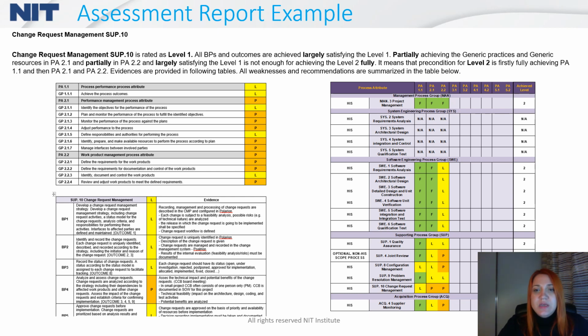Here you can also see the process profile of this project. I also wanted to point out that we only need to rate up to the highest process attribute, 2.2. It means that in this example, the assessor was targeting capability level 2 only.